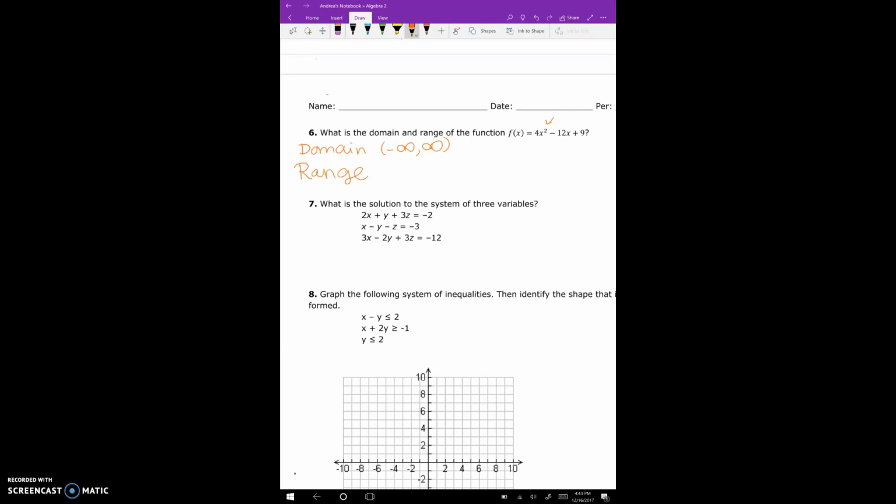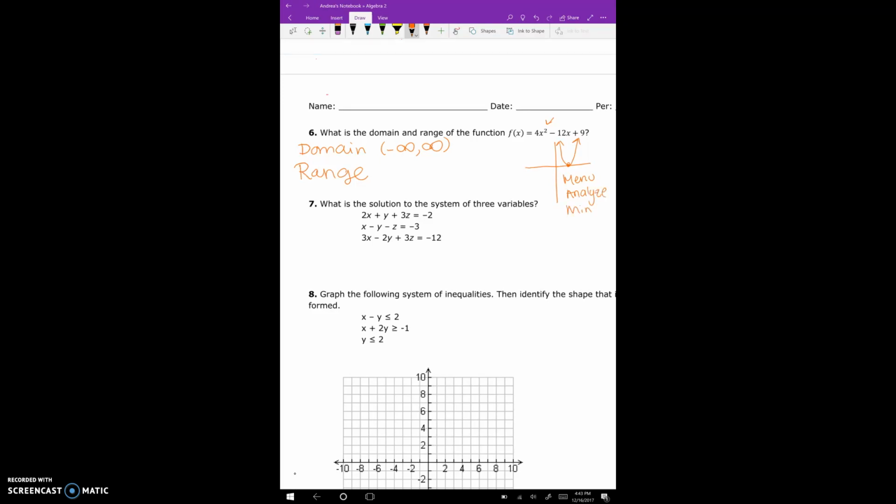And you can do that in your calculator by graphing. So once I graph this in my calculator, it'll look something like this. And I will find my vertex using menu, analyze graph, and find the minimum.